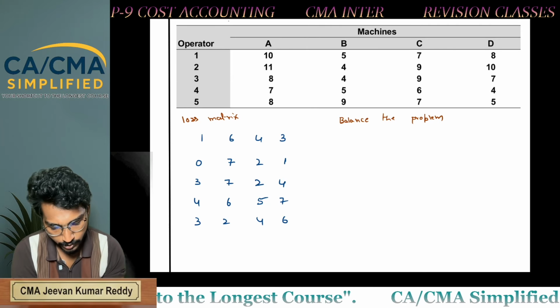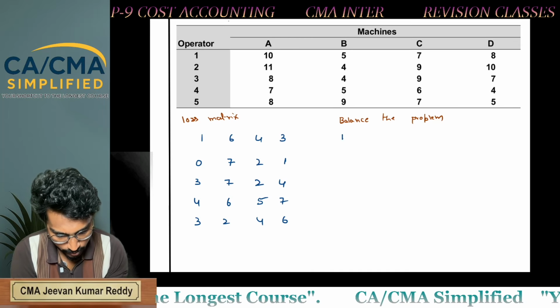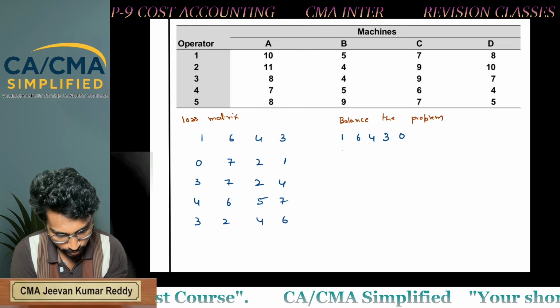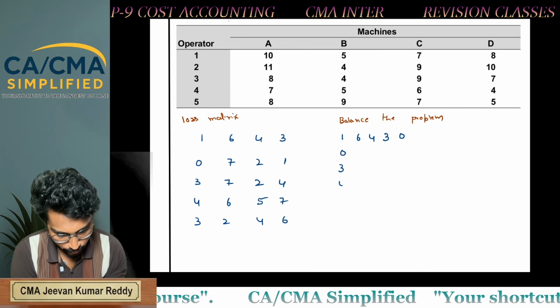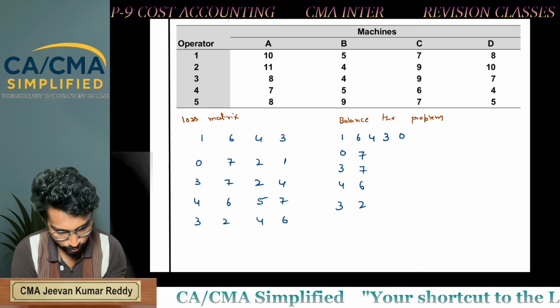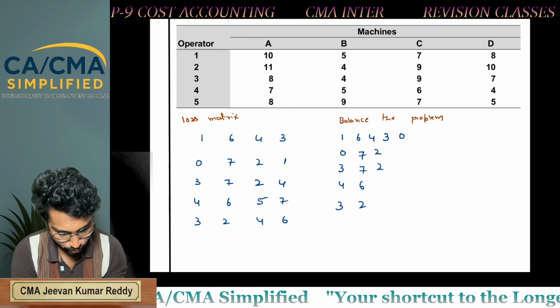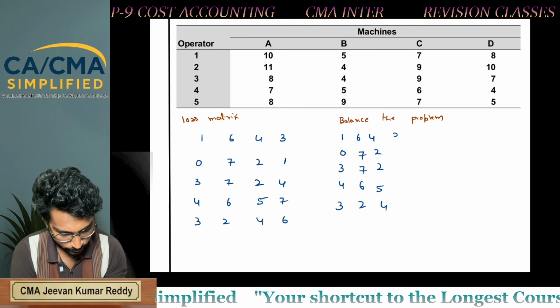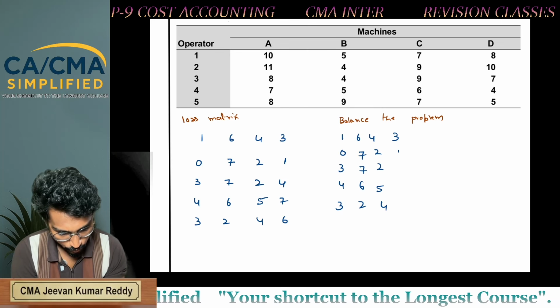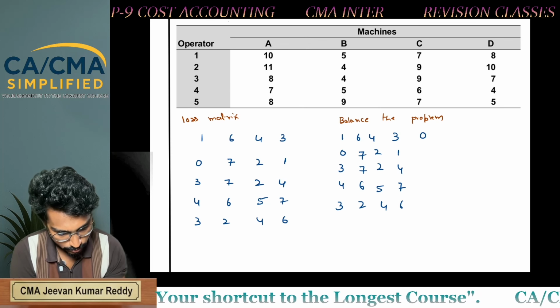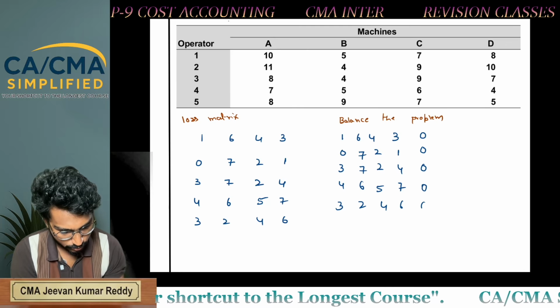Now the matrix is 1, 6, 4, 3, 0, 0, 3, 4, 3, 7, 7, 6, 2, 2, 2, 5, 4, 3, 1, 4, 7, 6, 0, 0, 0, 0, 0.